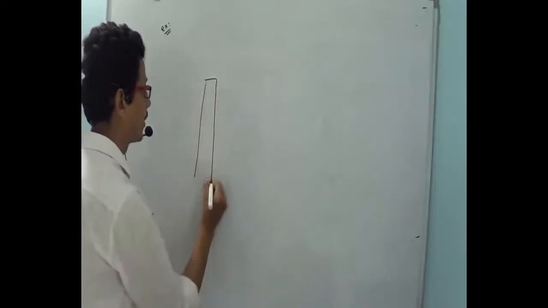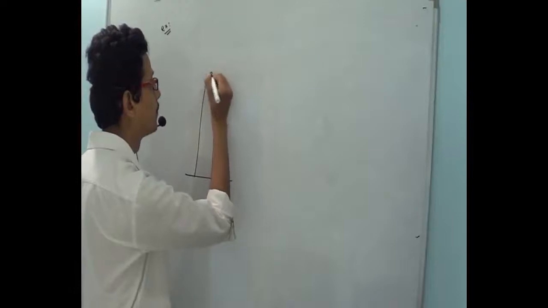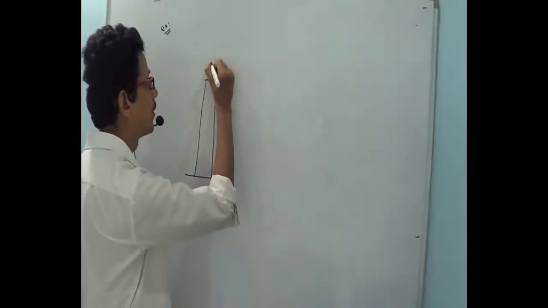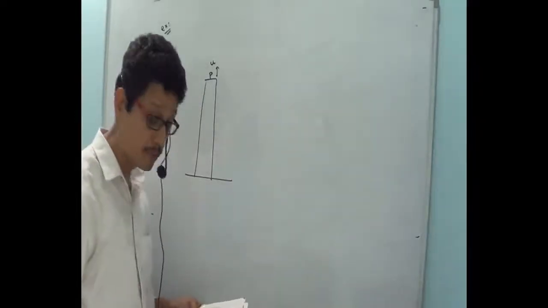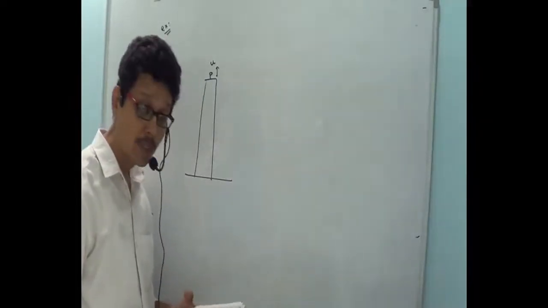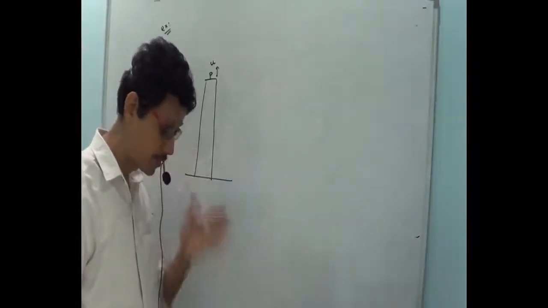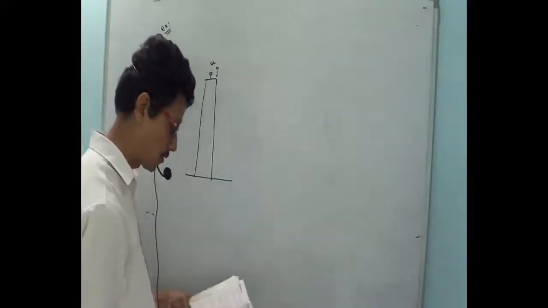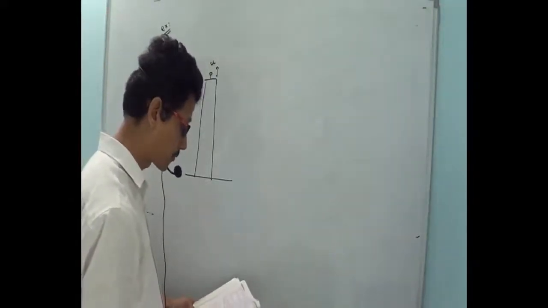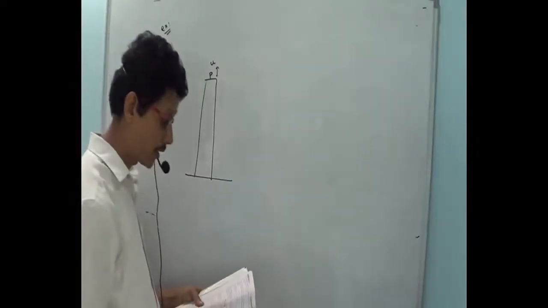Elevated means at some height. There is a point P. A body is projected vertically upwards. Write down the question. From an elevated point P, a stone is projected vertically upwards.